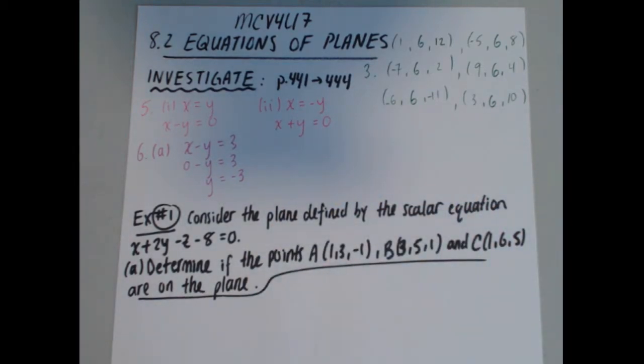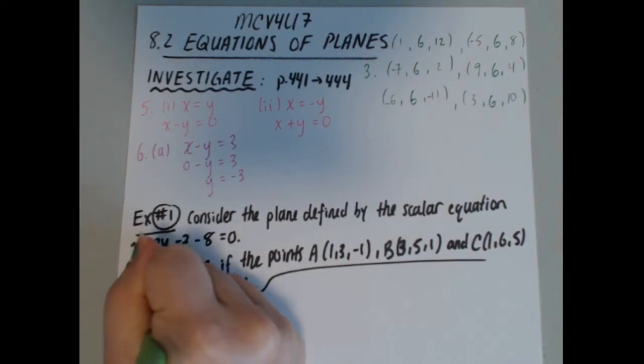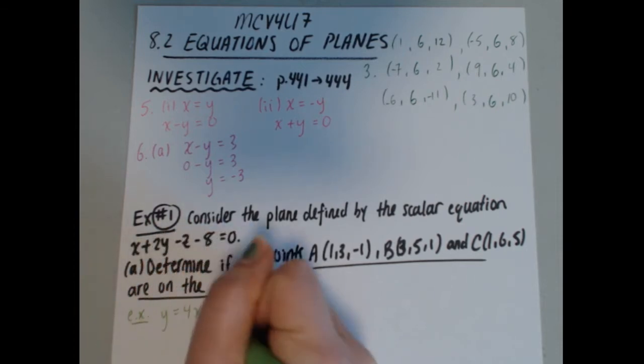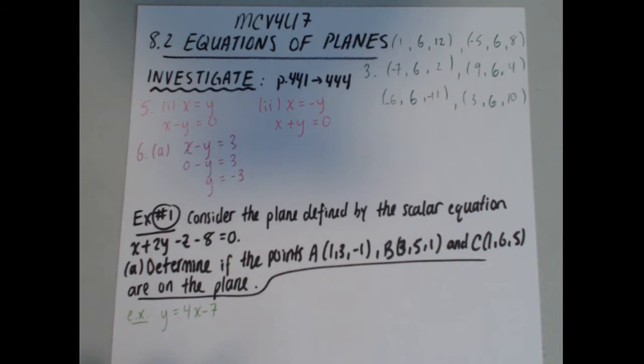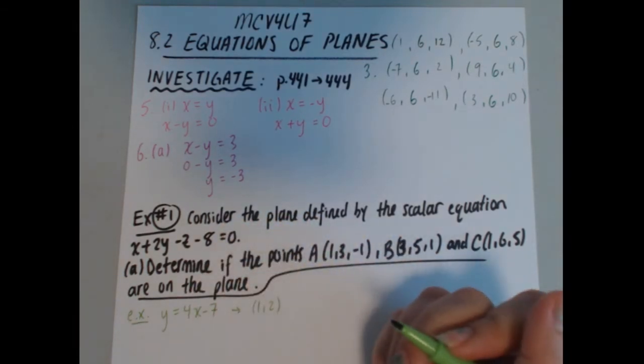Okay, so this really isn't too bad. Let's say, just for example's sake, if you had the line y is equal to 4x minus 7, and you were asked if the point (1, 2) was on the line, what would you do?